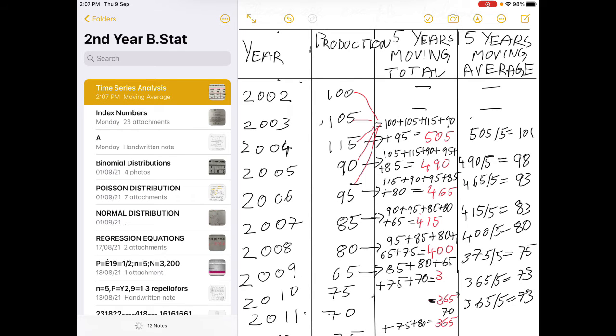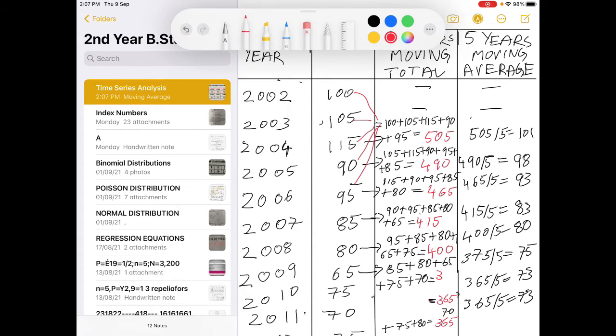Then for the next one, we shifted to y2. We took out y1 and started from y2: 105, 115, 90, 95 and 85. That gave us 490. In this way, we have calculated 5 years totals at a time. These are called 5 year moving totals.